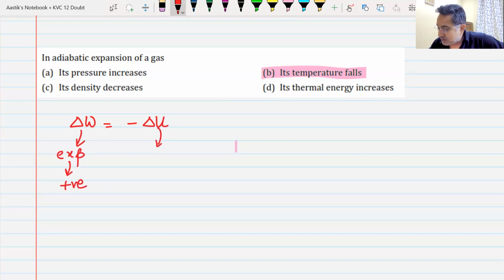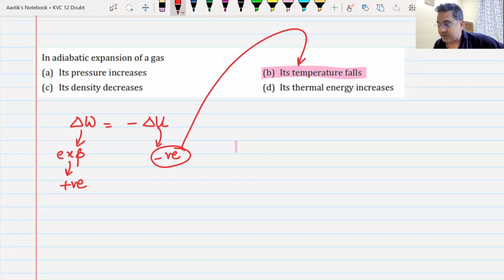So this has to be negative. If change in internal energy is negative, then the temperature has to fall. Simple logic. So the moral of the story is, remember simple things. Do we understand this?